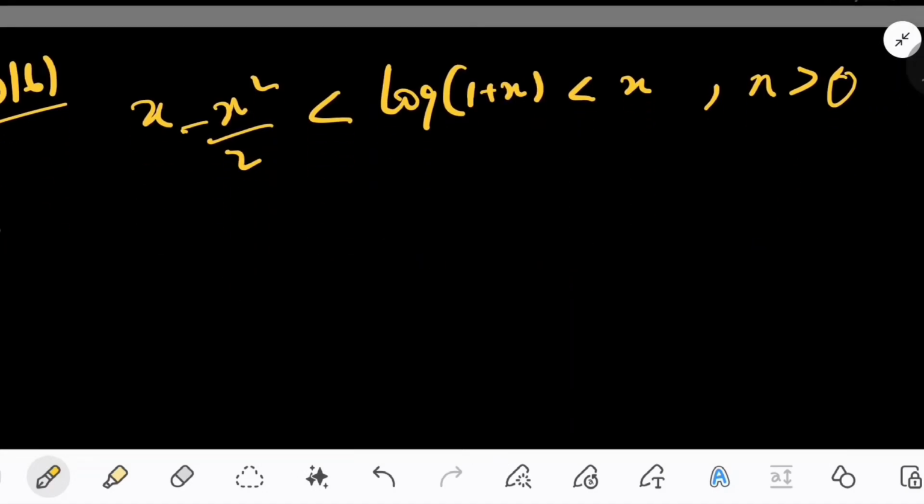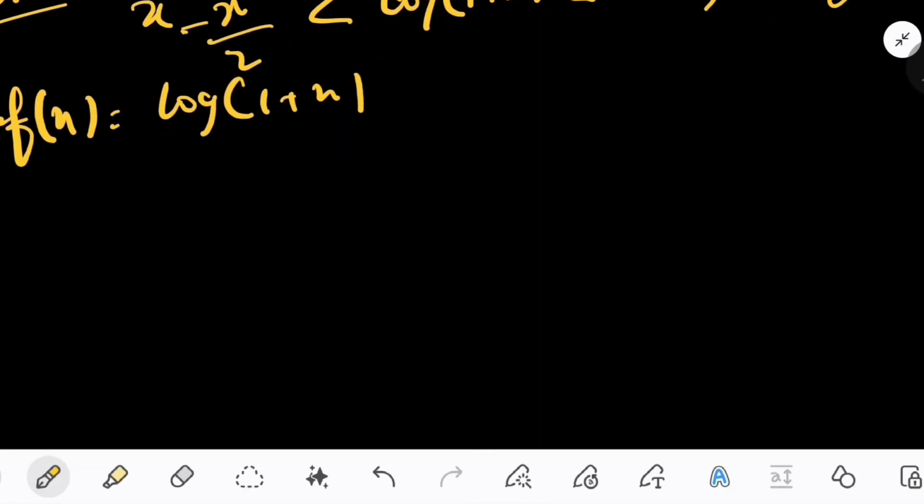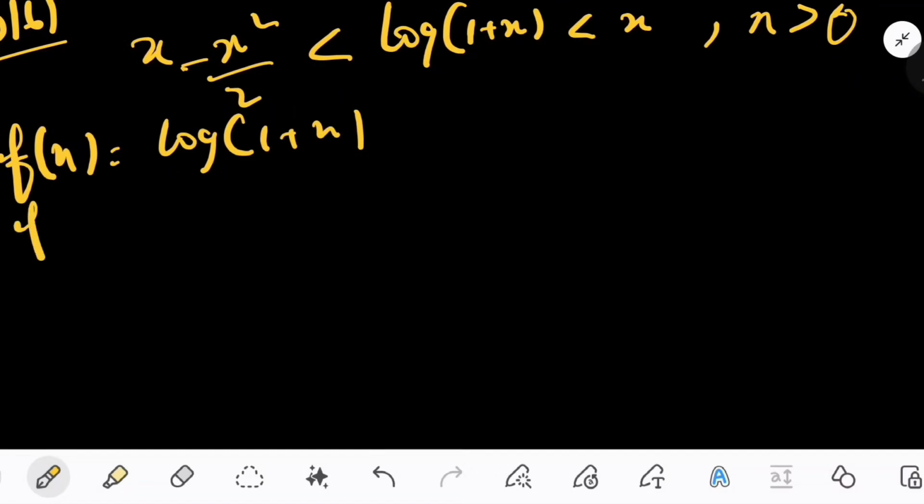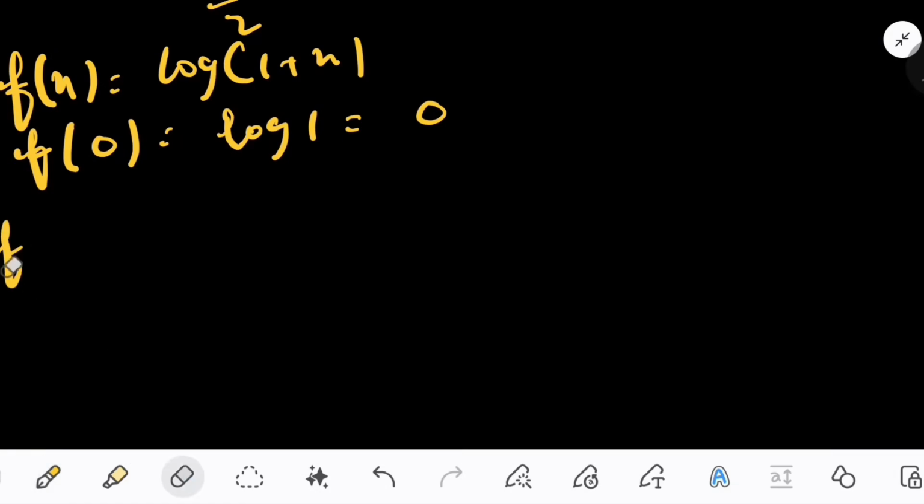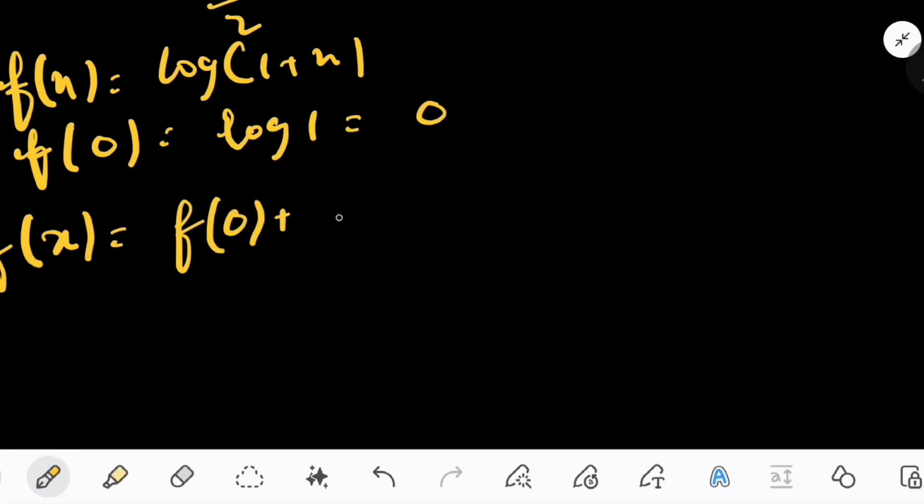So how do we check it? Well, you apply f(x) equal to log(1 plus x), and now f at 0, you get log of 1, you get 0, right? Okay, so that is the thing. Now what you can do is apply the Taylor's now. f(x) is equal to f at 0 plus (x minus 0), since x naught is 0 over here.